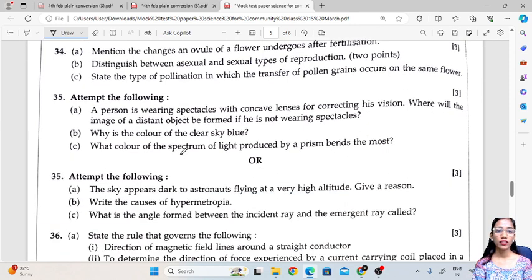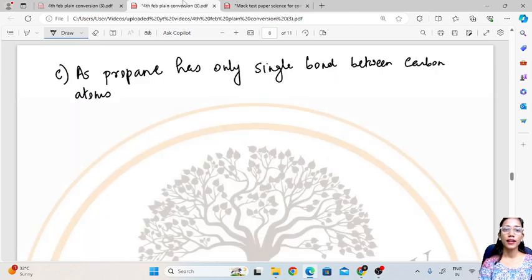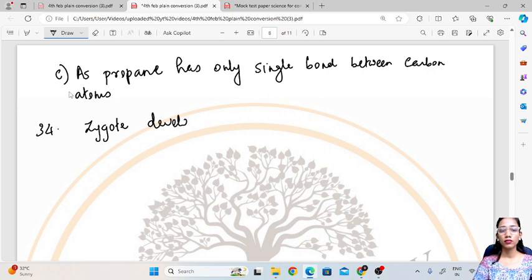Mention the changes in an ovule of a flower after it undergoes fertilization. Now the major change is that the zygote develops into an embryo.